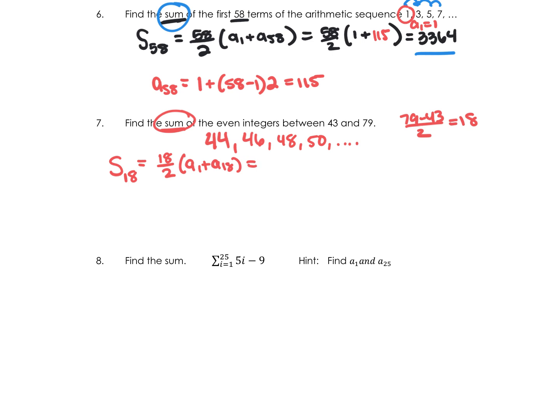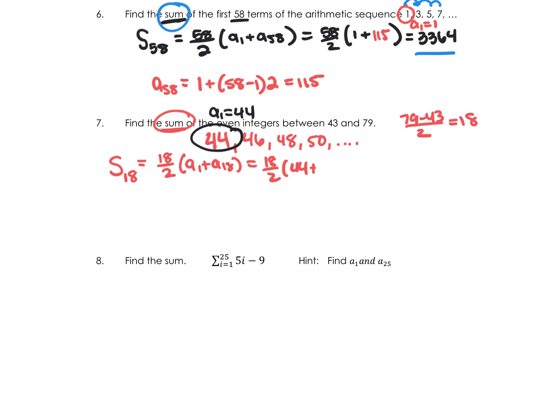We already know A1, it's the first number in our sequence. A1 is 44, because remember, we're adding up all these even numbers. So that'll be 18 divided by 2 times 44 plus, and while you can use this formula here to find A18, I think you actually could tell me faster what the last number in this list is.